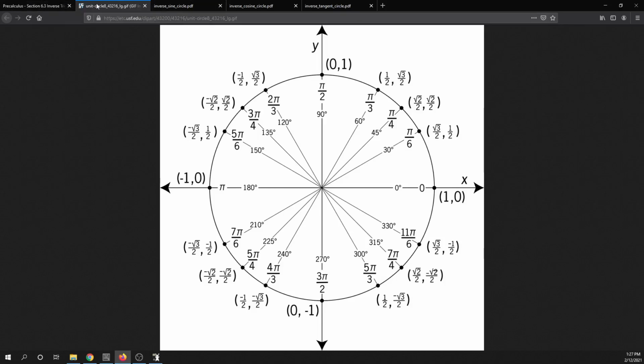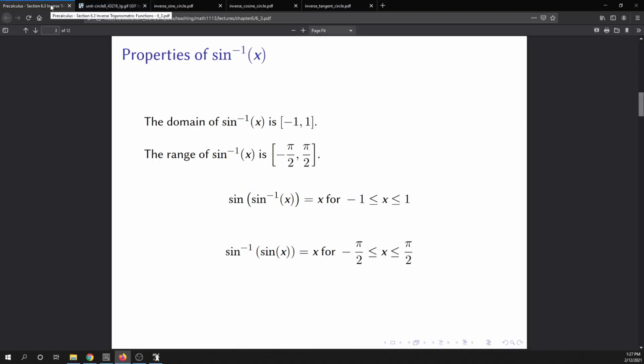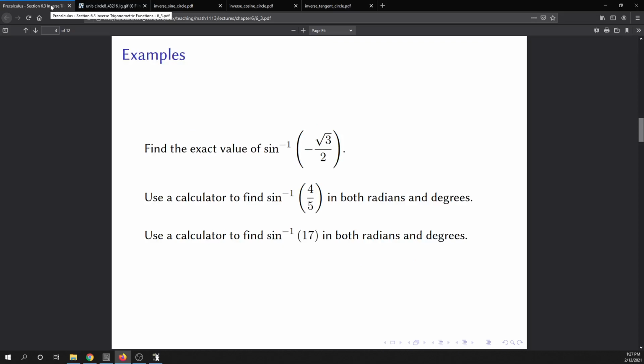how this would go. Okay, and so on the first one, it says find the exact value of the inverse sine of minus square root 3 over 2. All right, so there are some things that you have to remember about this. Number one is you need to remember what the range of the inverse sine function is.